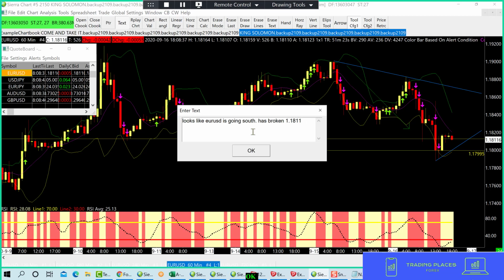Whoops. Looks like Euro is going south. Has broken 1.18116. This is a very strong support line. Wait for volume and Solomon signals.